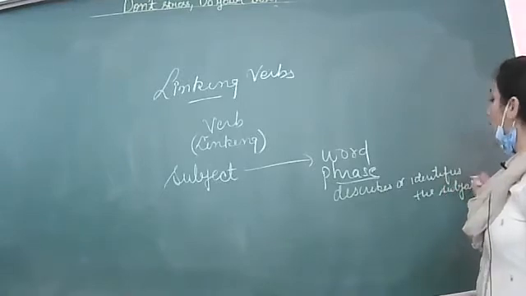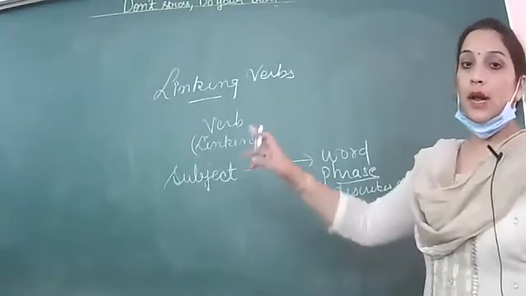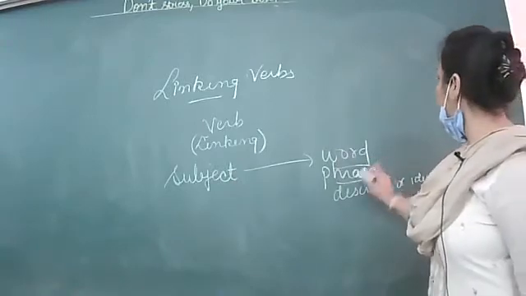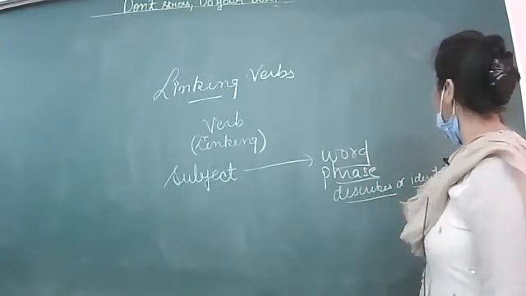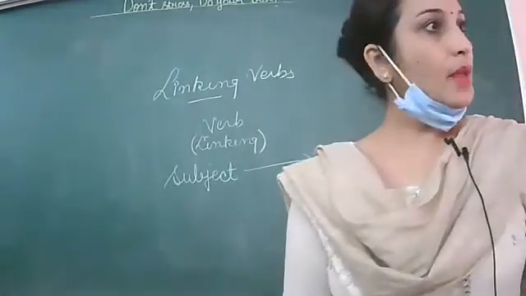Simple. Why is this verb known as a linking verb? Because it is making a connection between a subject and a word or phrase, and this word or phrase describes or identifies the subject. Am I clear with this?